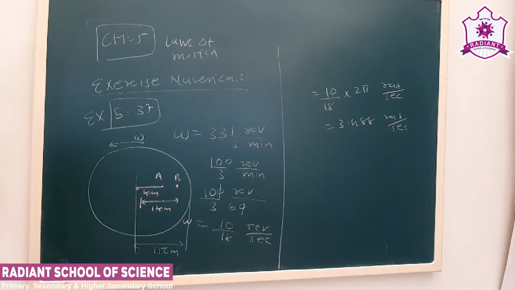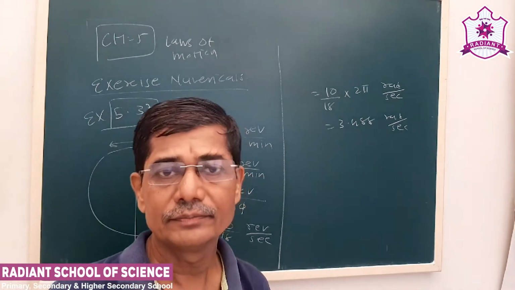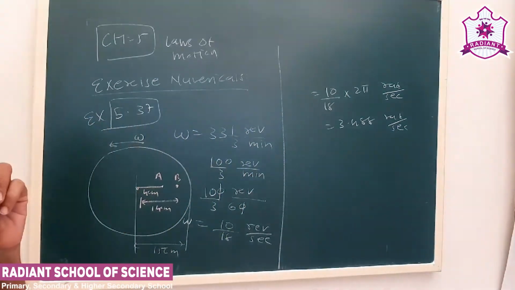That is 20 into 3.14 divided by 18. This is the angular speed. Now this is motion on a circular path, so we have to consider friction also.